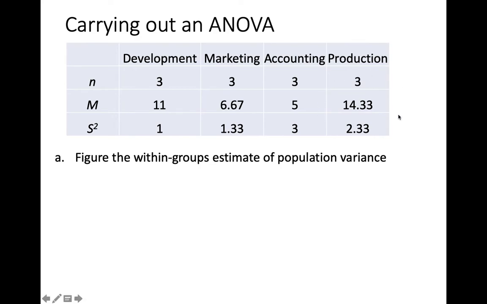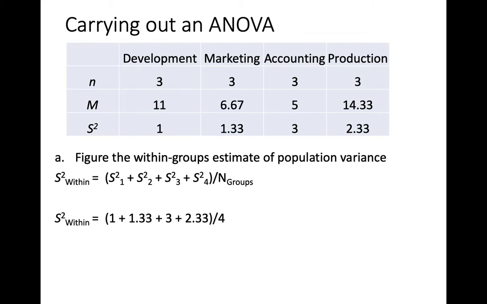So this gives us the data that we need to carry out our ANOVA, because we have the sample size for all 4 groups, we've got our mean for all 4 groups, and we've got our estimate of population variance for all 4 groups. So the first thing that we're going to do is figure out the within groups estimate of population variance, and all we have to do is take the simple average of 1, 1.33, 3, and 2.33, and then divide by the number of groups, which is 4. We can just take this simple average because the sample size in each group is the same.